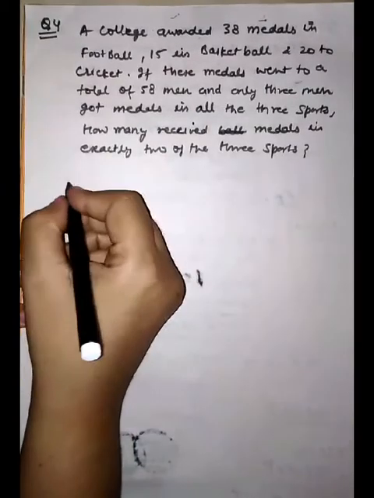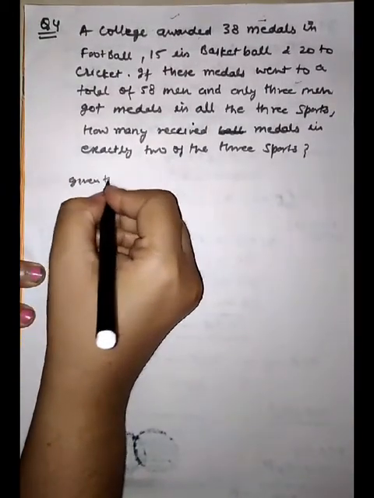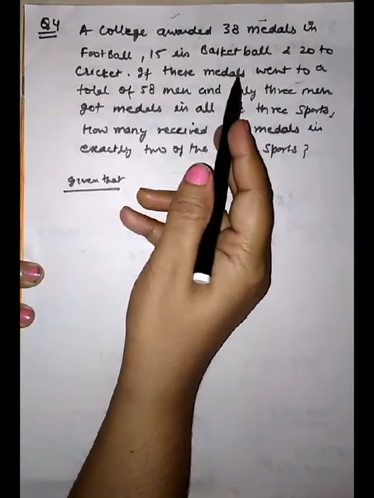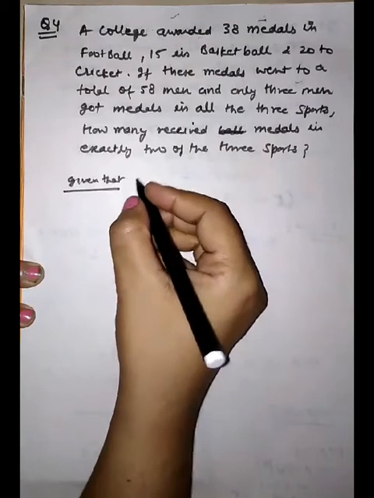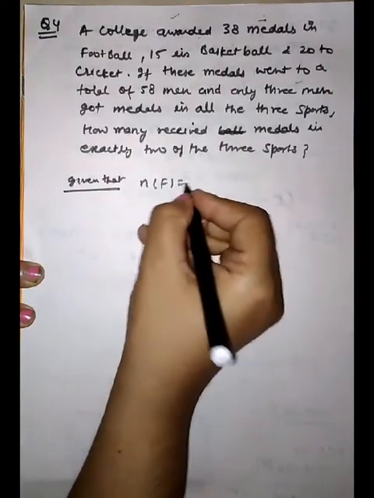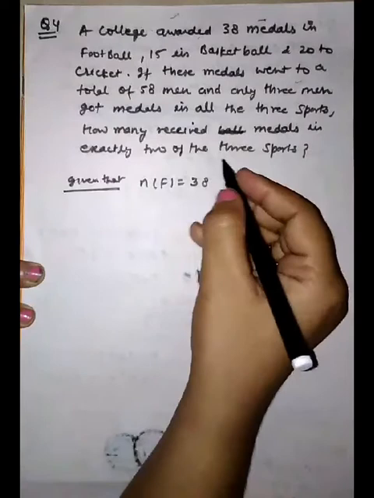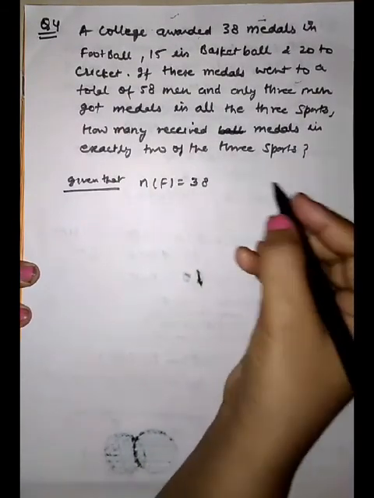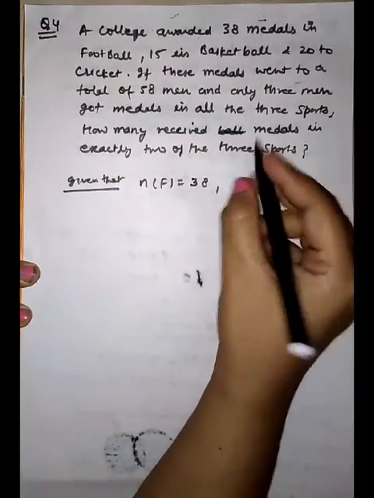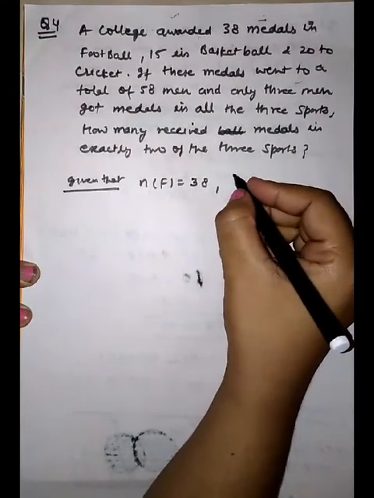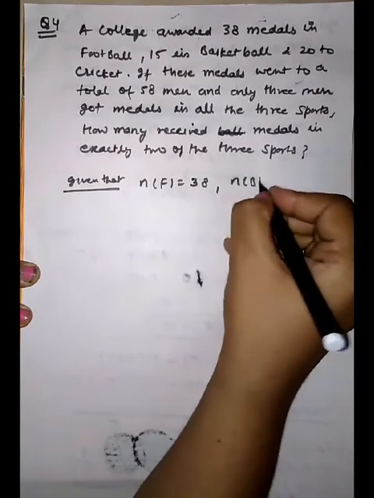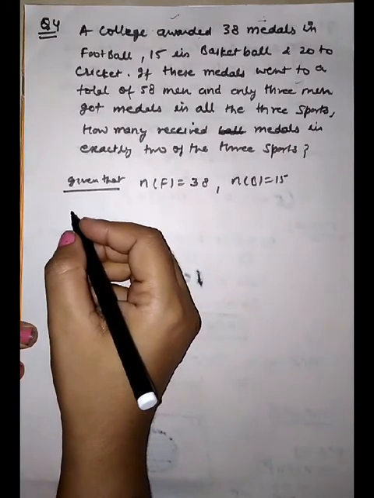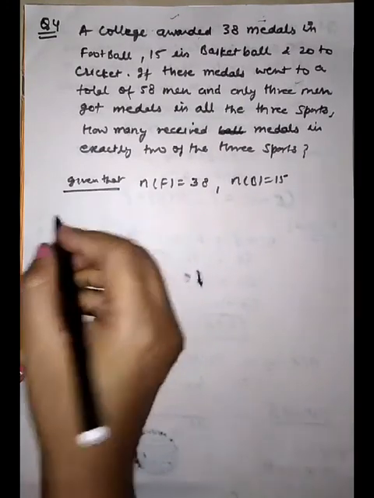So it is given that a college awarded 38 medals in football. It means n(F) equals 38, where F denotes the set of men who received a medal in football. Basketball is 15, so n(B) equals 15, where B is the set of men who received a medal in basketball.